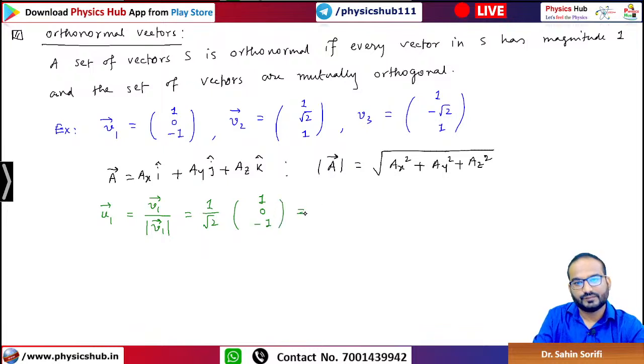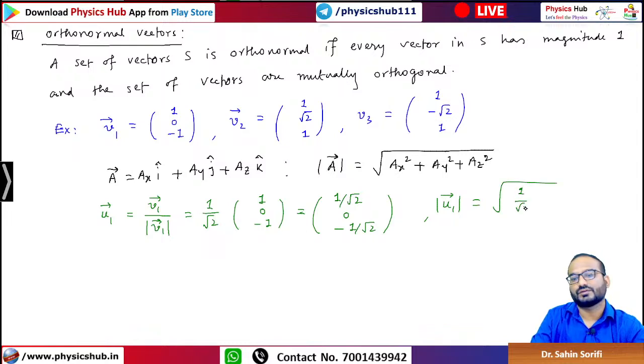So what you get is 1 upon root 2, 0, minus 1 upon root 2. Now if you take the magnitude of u1, obviously you will get 1, right? 1 by root 2 whole square plus 0 square plus minus 1 by root 2 whole square. Now it is giving you 1. So this u1 is normalized.